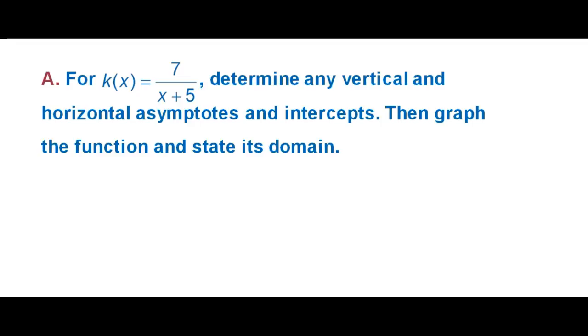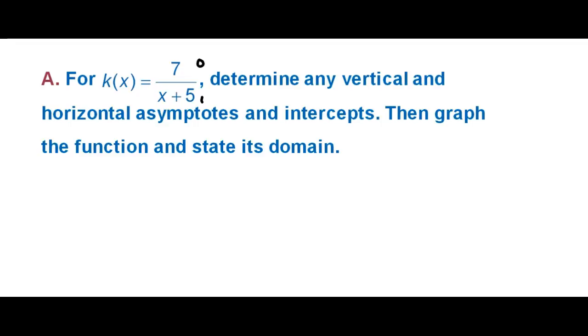In this case, the numerator has a degree of 0 because there are no x's in the numerator. So we have essentially 7x to the 0th power. And in the bottom, we do have an x to the first power as my highest exponent, so the degree of the denominator is 1.